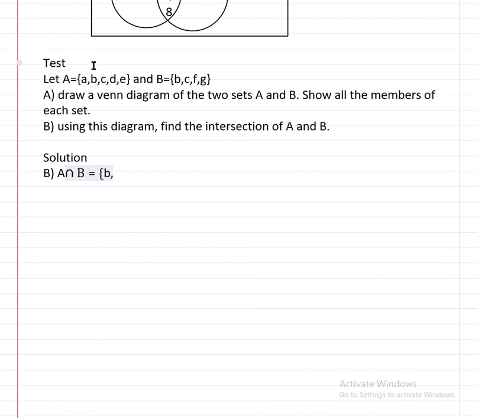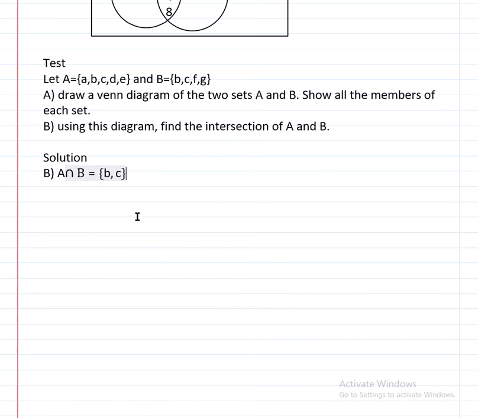Do we have C? Yes, we have C here. C is also in B, so C is part. Alright, do we have E? E in A? Do we have E in B? No. Do we have G in A? No, we don't have G in A. Alright, so we close our set. So A intersection B is B, C.